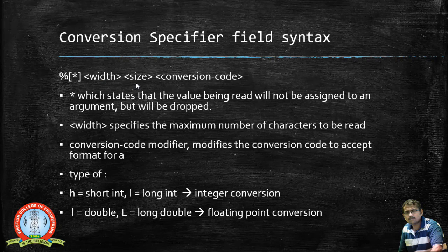And you have the conversion code. It modifies the conversion code to accept a format for the following types, like short int, long int, where the conversion is performed as an integer conversion, and if it is l or capital L, it performs a floating point conversion.